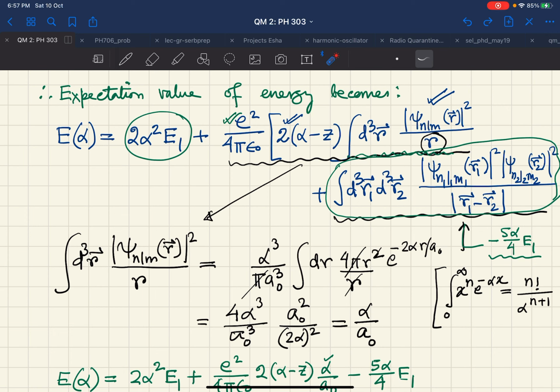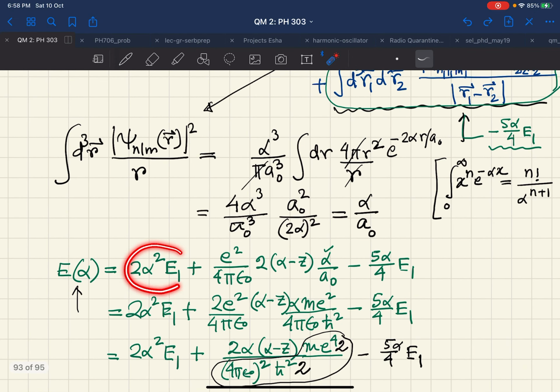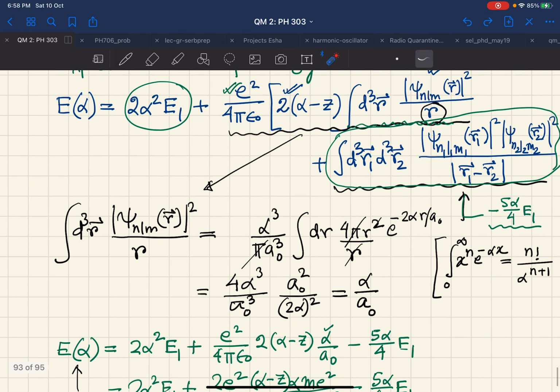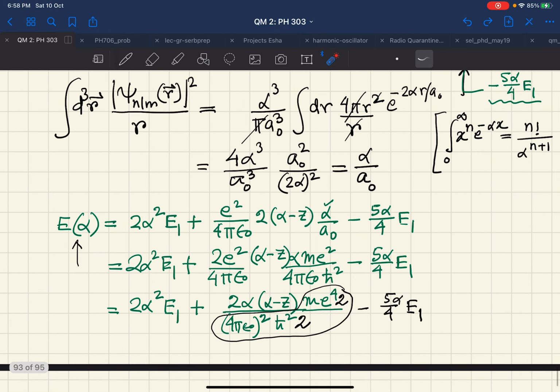Therefore all the terms are evaluated. From this expression, E alpha as the first term gave us 2 alpha square E1. The second term will give us this: these factors were already there, e square by 4 pi epsilon naught into 2 into alpha minus z, and the integration gives us alpha by a0, and the rest is 5 alpha by 4 E1, which is already coming from the last term. Now you simplify this by replacing a0.